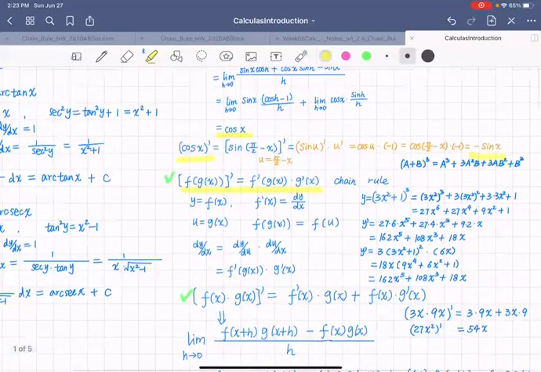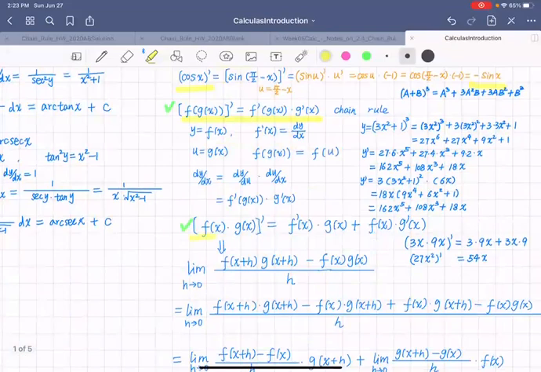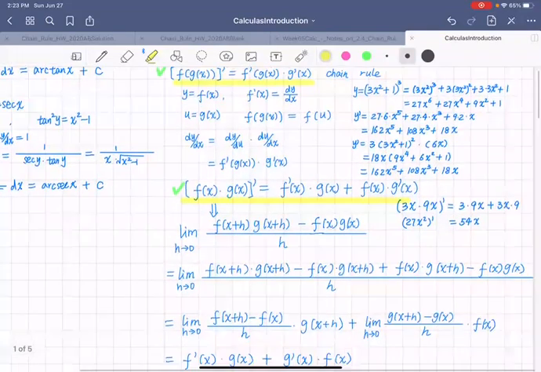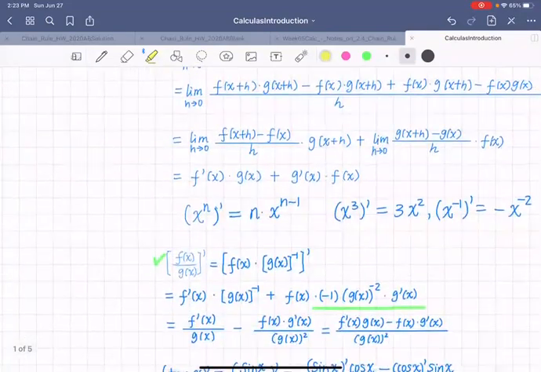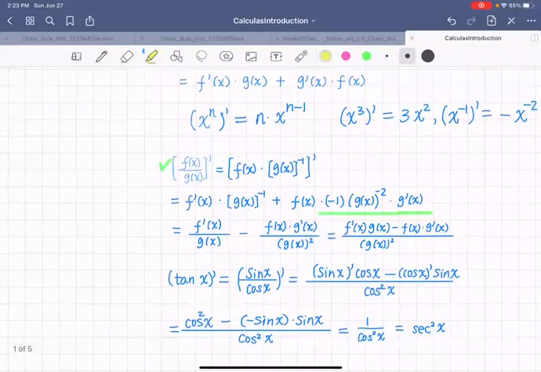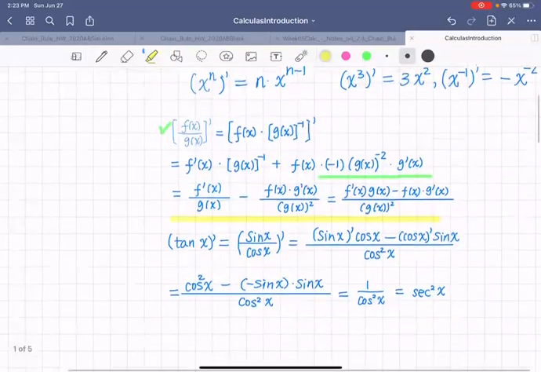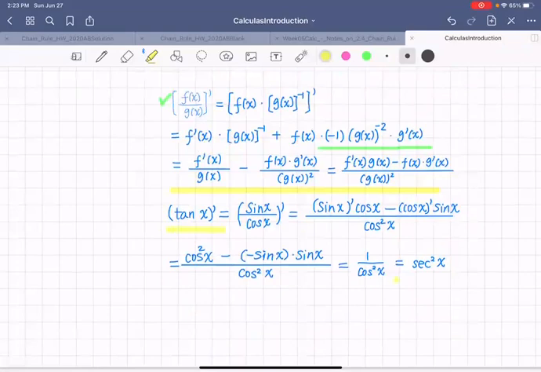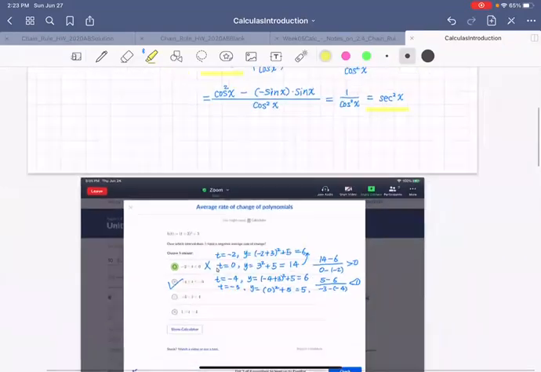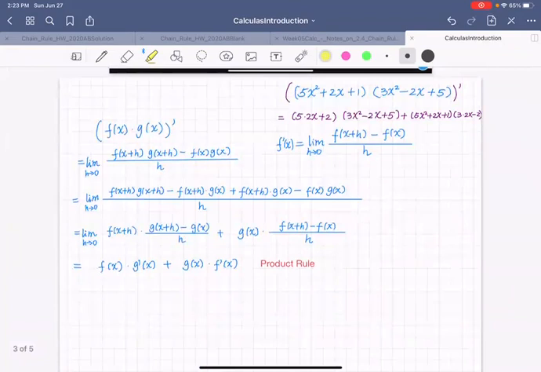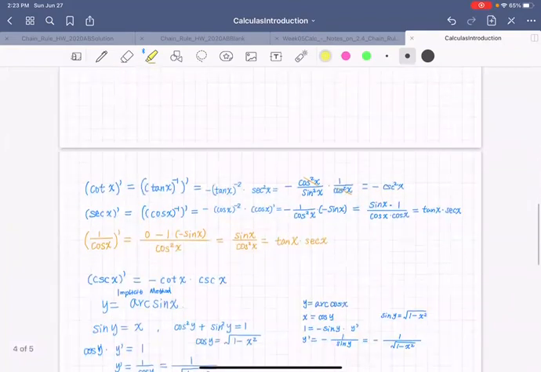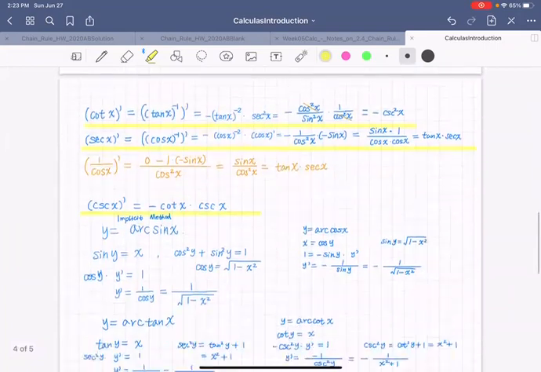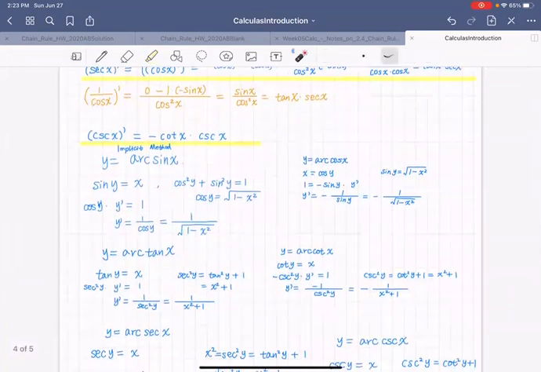Chain rule. Product rule. Quotient rule. Tangent x derivative. Cotangent x derivative. Secant x derivative. Cosecant x derivative.